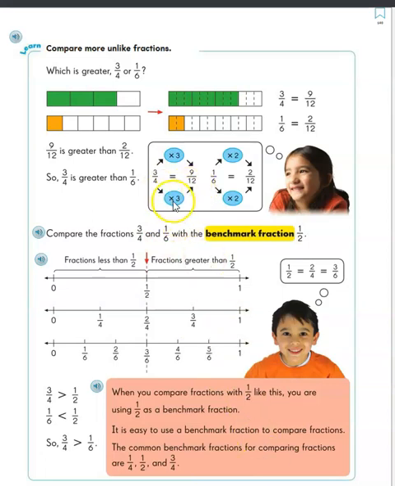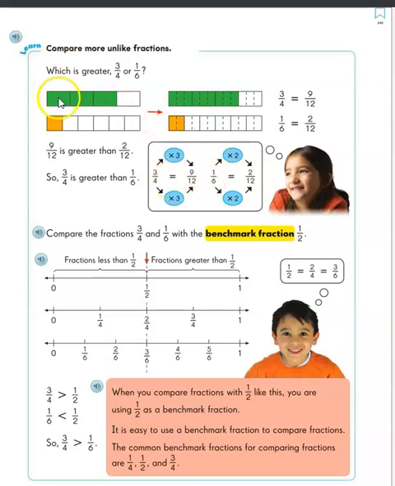So we're going to multiply our 3/4. We're going to multiply both the numerator and the denominator times 3 to get our denominator of 12, which is what we want. Okay, so 4 times 3 is 12. 3 times 3 is 9. So now we know 3/4 is the same or equivalent to 9/12.